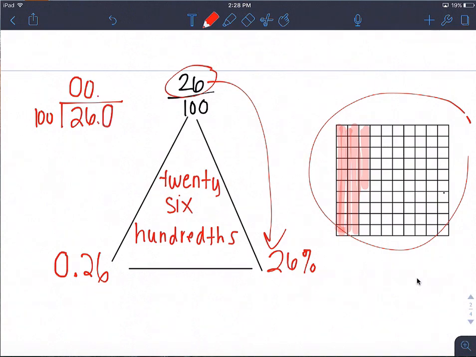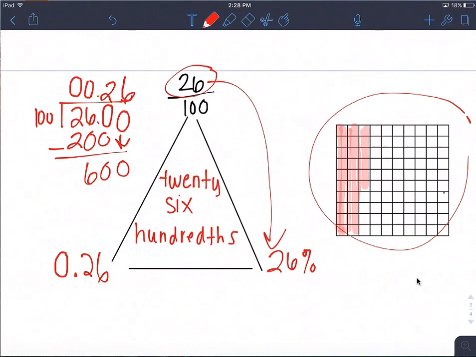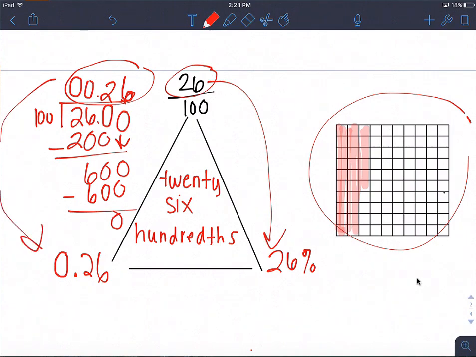But it does go into 260. There would be 2 hundreds. And if we subtract, we're left over with 60. Well, 100 doesn't go into 60, but it does go into 600 6 times, which would be 600. And if I subtract, I'm left over with 0. So that, again, matches there.